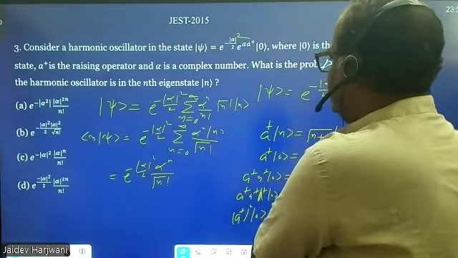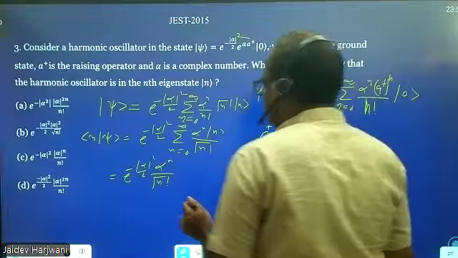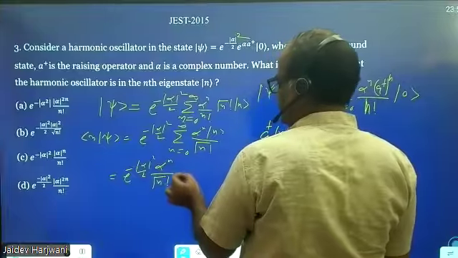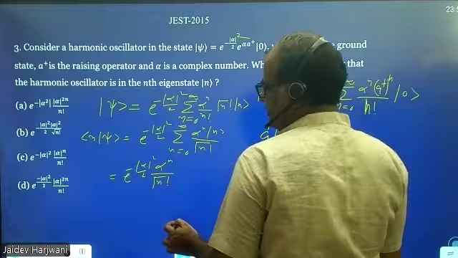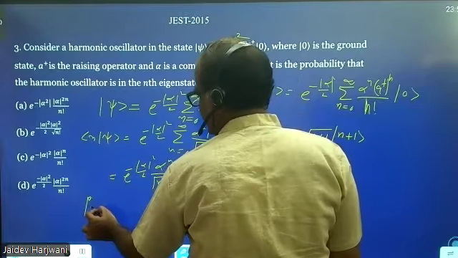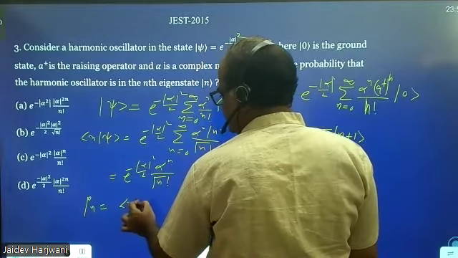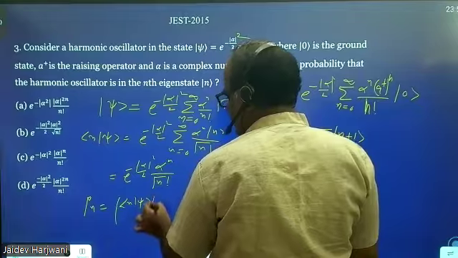Now this is the amplitude, and if you want the probability, this will be |<n|psi>|^2.